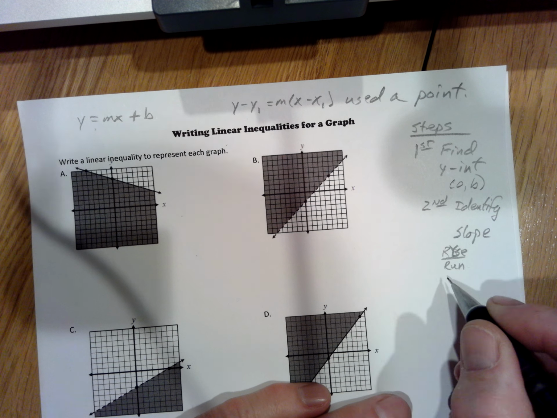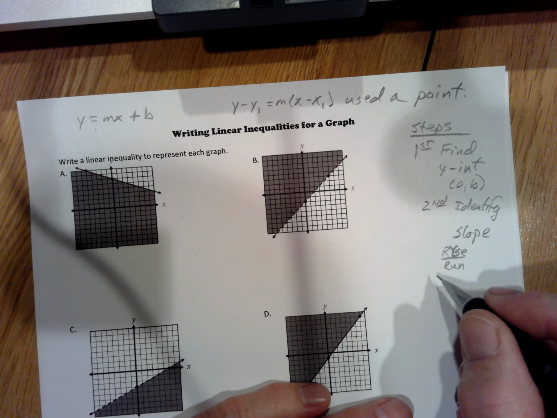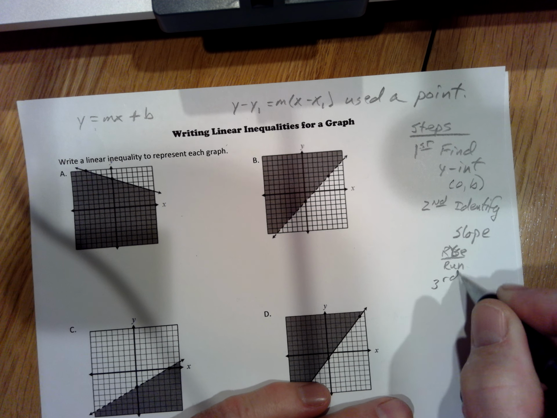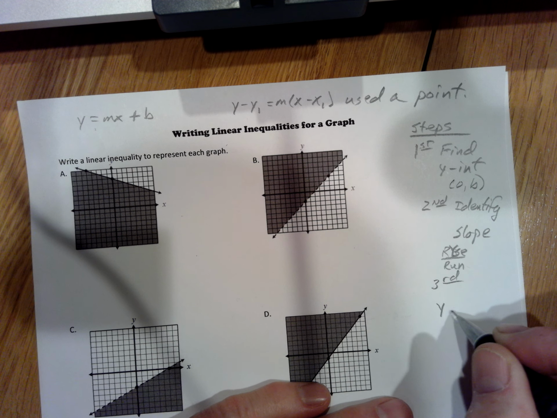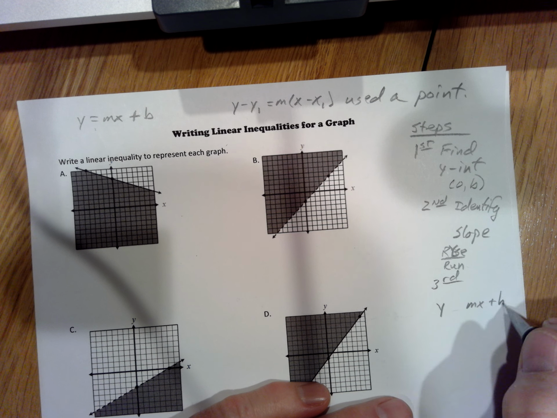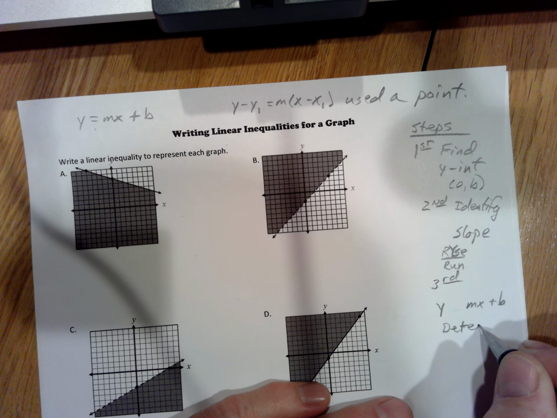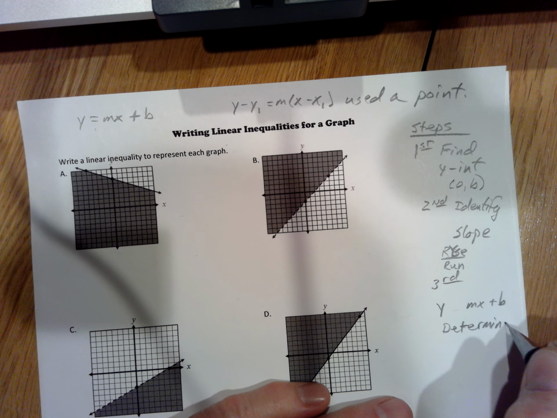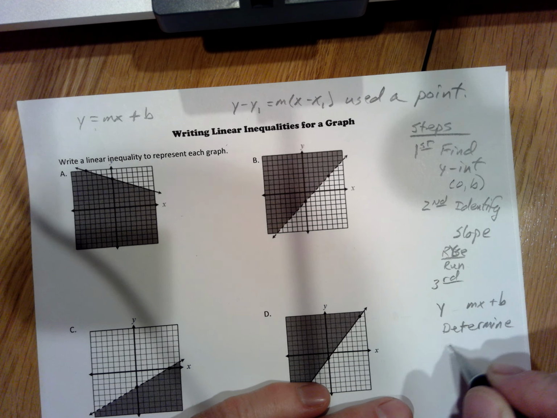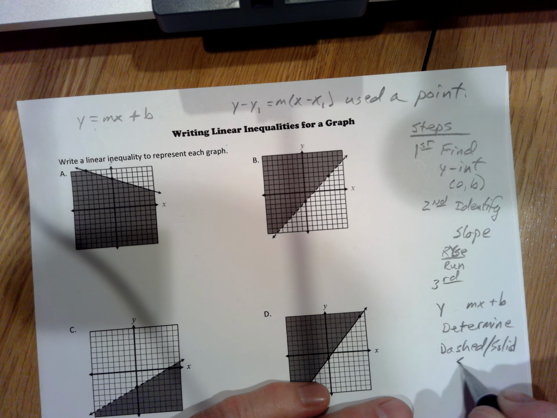So we're going to find the y-intercept, then we're going to find the rise, and then third, we're going to write our equation, y, leave a space, mx + b, and what we're going to do is determine two things. Determine if the line is dashed or solid. Remember, dashed is a less than or a greater than.